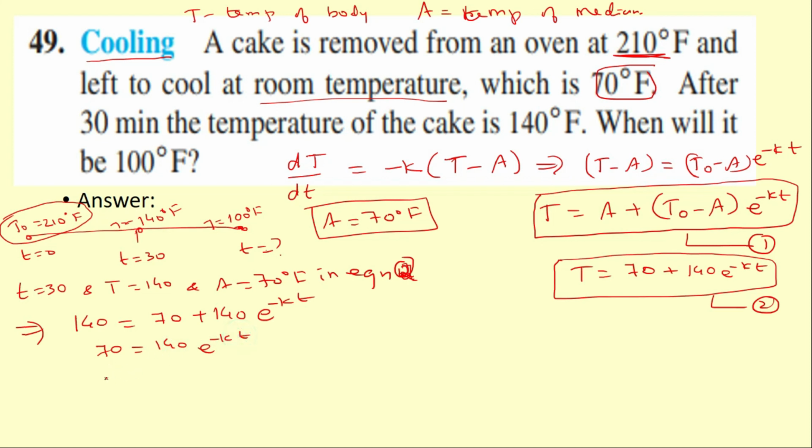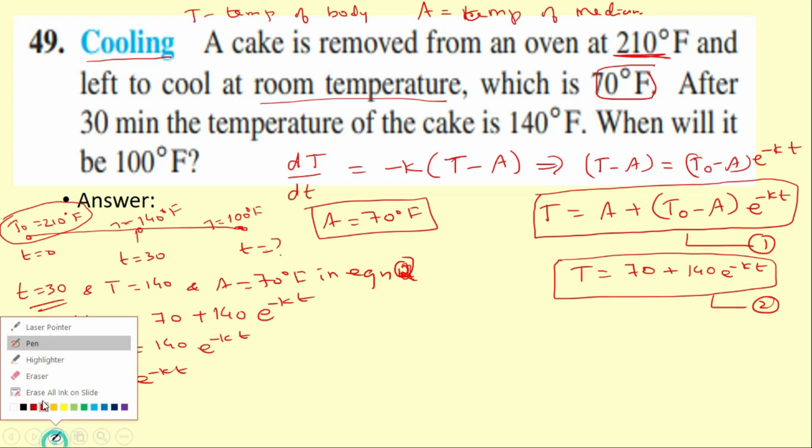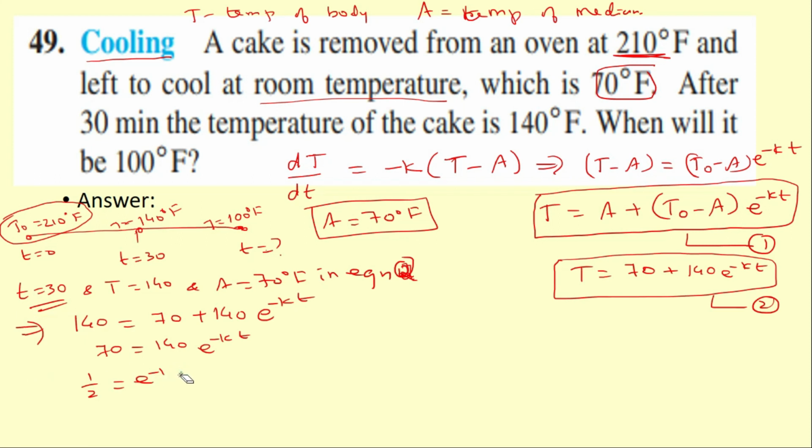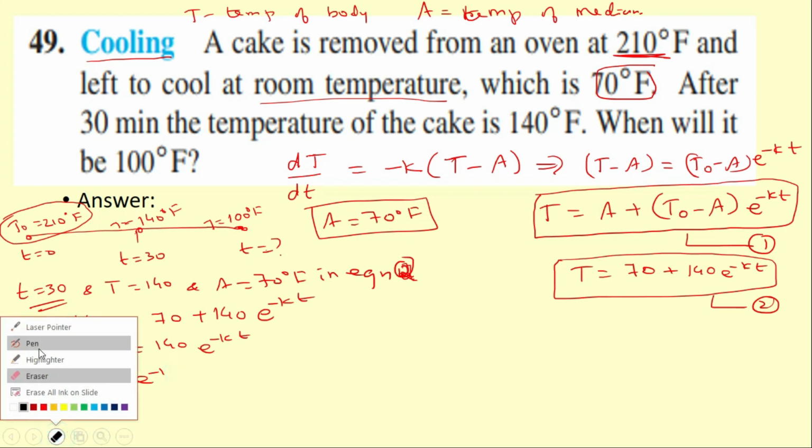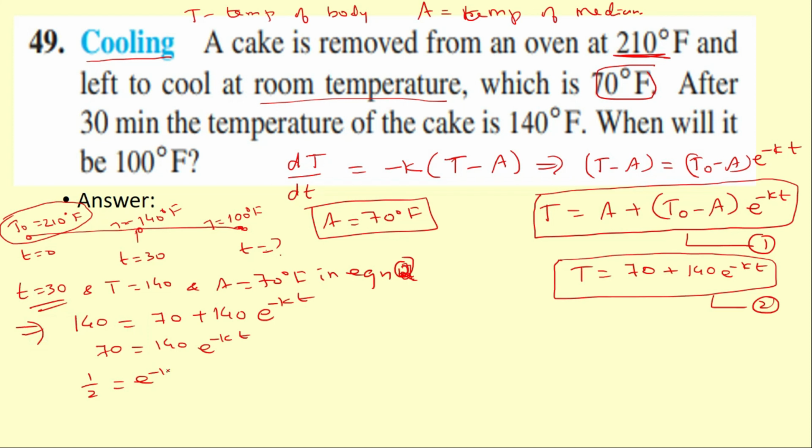Divide by 140 on both sides, it will be 1 by 2 on the left hand side, e power minus kt. And what is this t value here? t value is 30. So this t value I should use 30 here, e raised to minus k times 30.